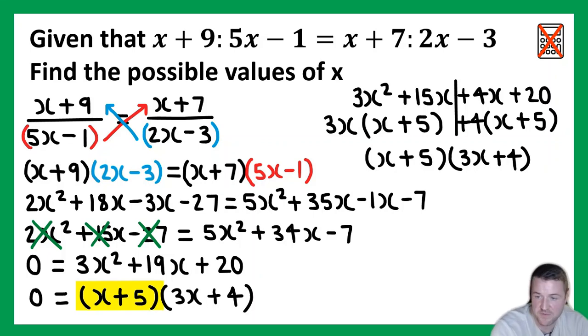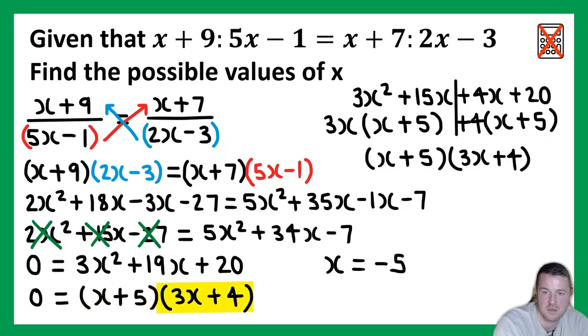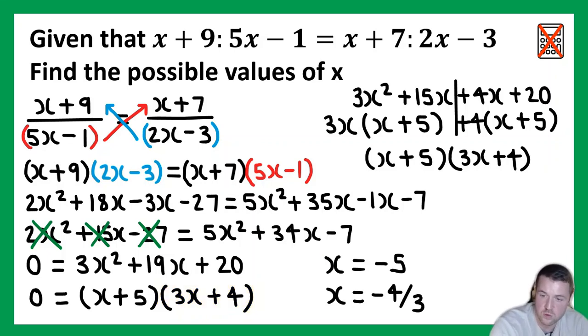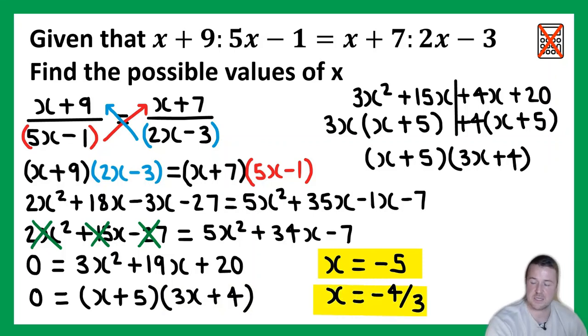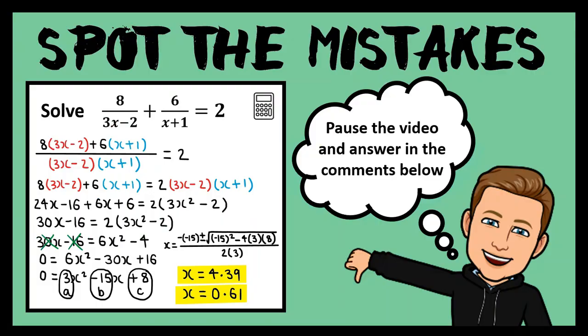And if x plus 5 equals 0, then a solution for x would be negative 5. And if 3x plus 4 equals 0, then another solution for x will be negative 4 over 3. Therefore the equation holds true when x is equal to negative 5 and x is equal to negative 4 over 3.